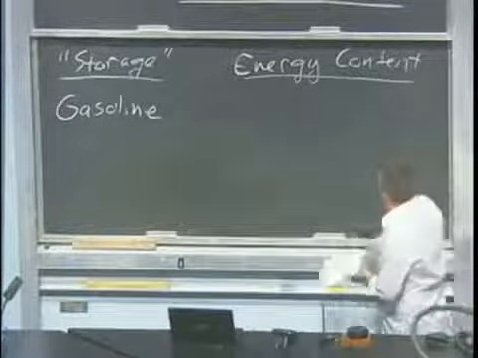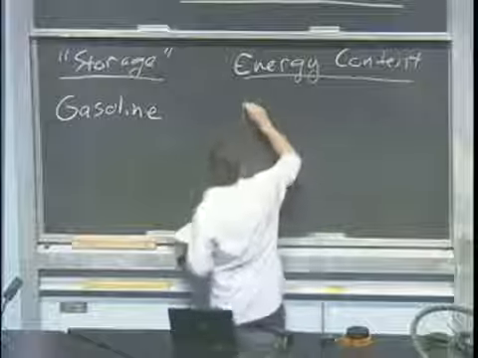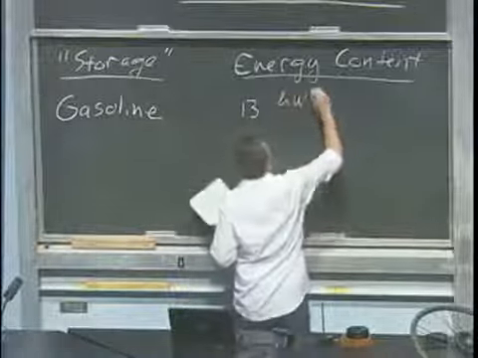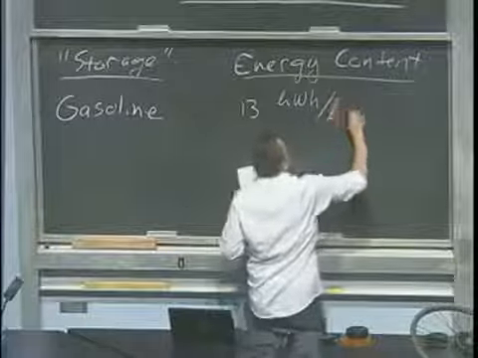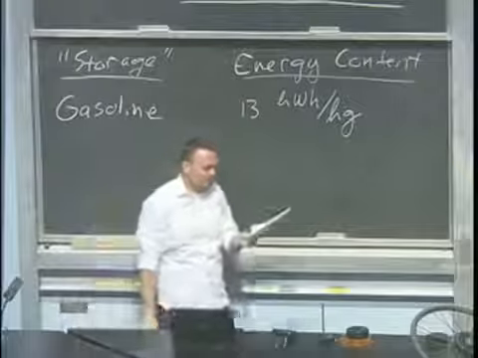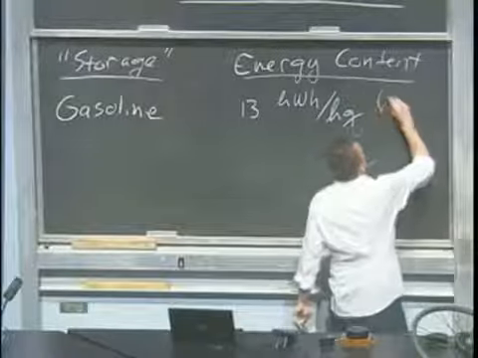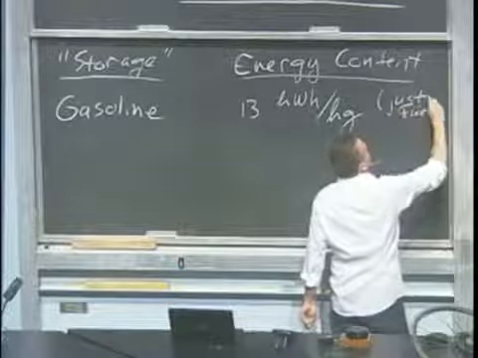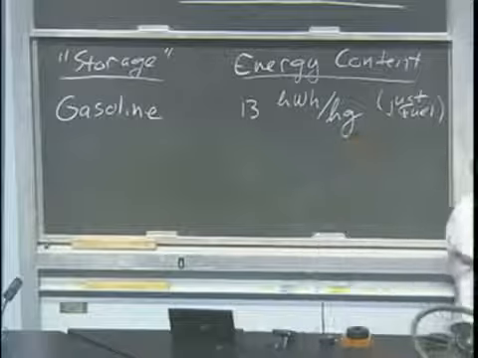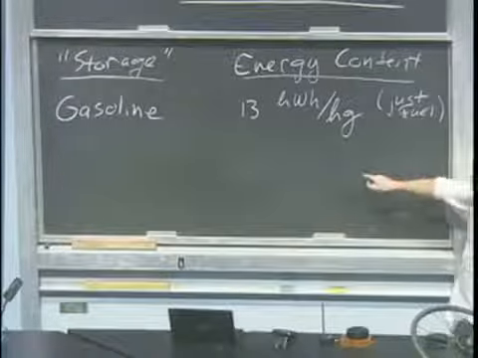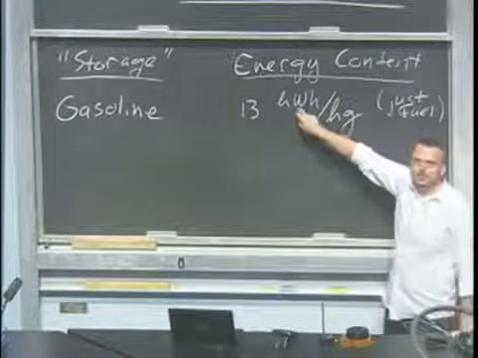How much energy is stored in gasoline that's available for our use in the automobile? If you count it up, there are about 13 kilowatt hours per kilogram of gasoline. Okay, and that is just the fuel, doesn't include the mass of the engine. So for each kilogram of gasoline that we burn, we can get out 13 kilowatt hours. Okay?